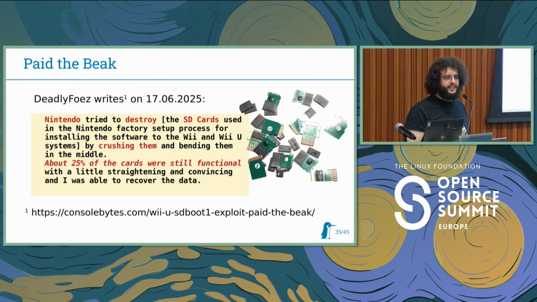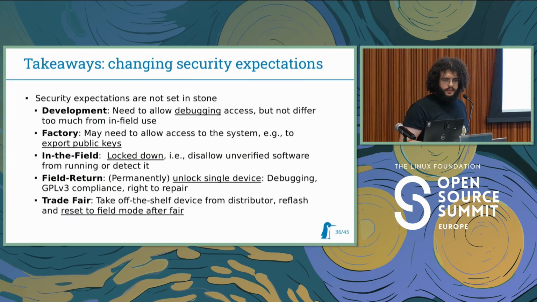But yeah, this is not an issue that couldn't affect the systems that we build as well. And it goes deeper than that. Factory is only one use case where your security expectations change with the life cycle of the product. There is also development, where you want to have a development shell, JTAG, or whatever.